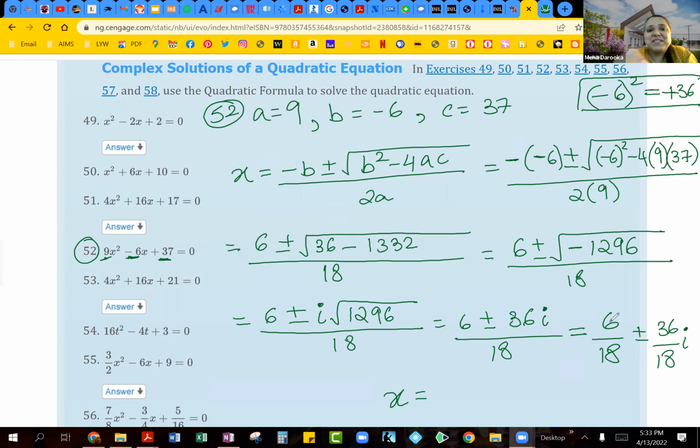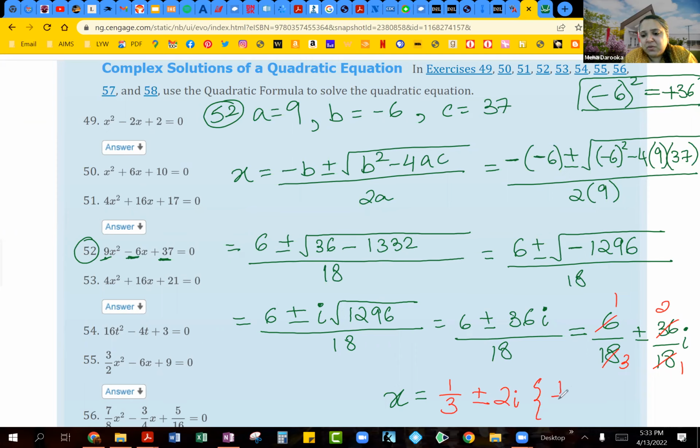Yeah, because 6 goes into itself once, 18 goes into 6 three times. So that will be 1/3 plus or minus. And then what about 36 divided by 18? Yeah, very nice. 18 goes into itself once, goes into 36 twice. So that will become 2i.